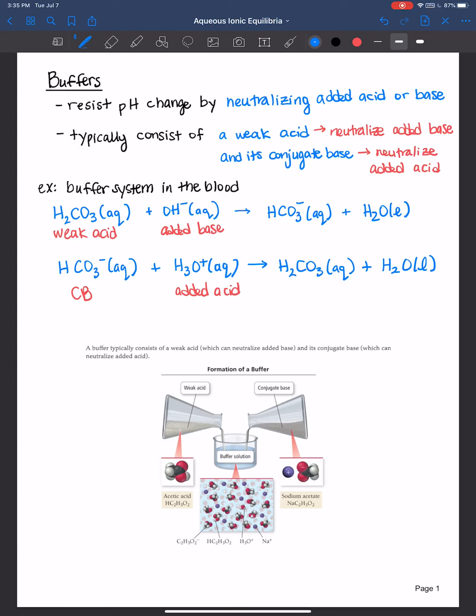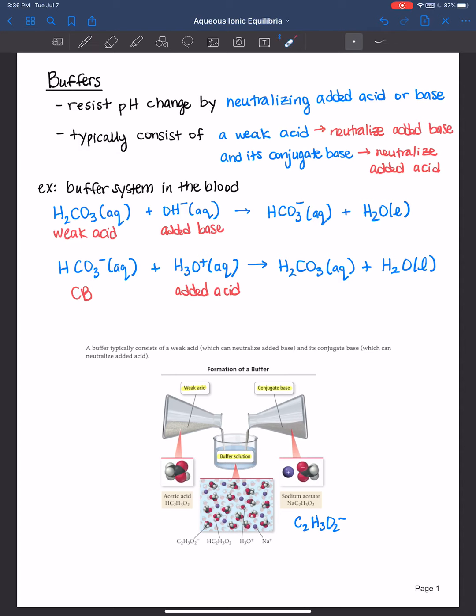And so when you're making a buffer in the laboratory, remember that you must have a weak acid and the conjugate base together to create the buffer solution. So in this figure here, the acetic acid is the weak acid, and the sodium acetate is the weak base. Remember that you can't just buy acetate, which is the conjugate base of acetic acid. You have to buy it as its salt.